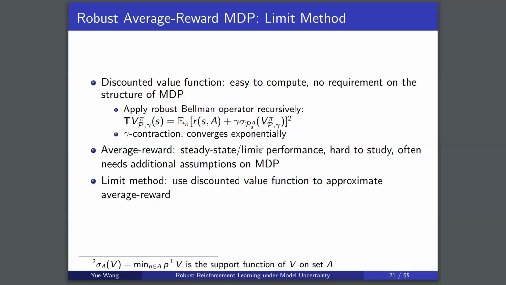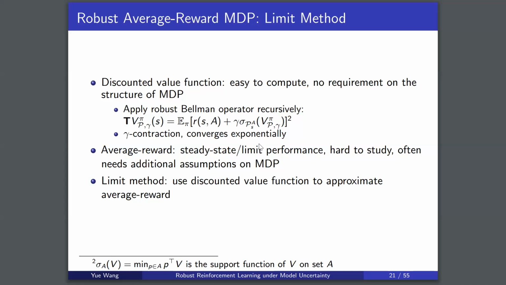So you have a set of distributions: you take one particular distribution from the set, then another one, and find the minimum. How many distributions you have and what they are depends on the structure of this uncertainty set. As I will introduce later, in some cases this structure is very clear and easy to compute, but in most cases it is hard to compute. But we will develop a method to solve this issue.